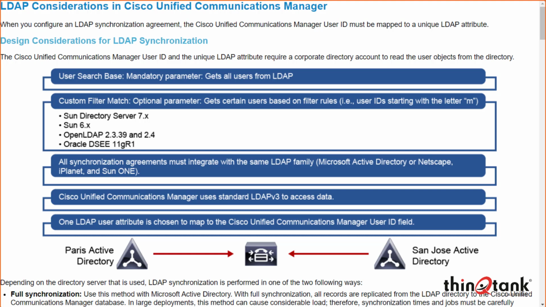But when we're designing our LDAP synchronization, depending on the directory server that's used, LDAP synchronization can be done in a couple of different ways. We can do a full synchronization or incremental synchronization. We can kind of see a snippet of that below there. Now, if we're using Active Directory, full synchronization is really the only method that we have, unless we do a manual synchronization.